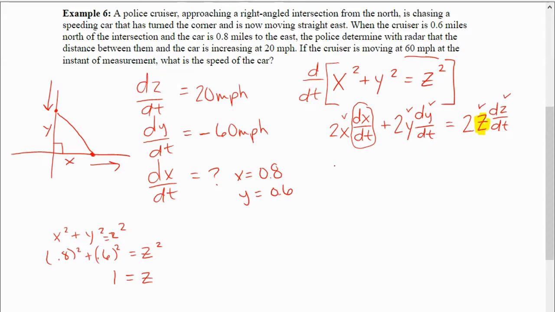Great. So let's plug everything in. So we have 2 times our x, which is 0.8, dx/dt is what we're trying to find. Plus, we have 2 times 0.6, dy/dt is negative 60 miles per hour.